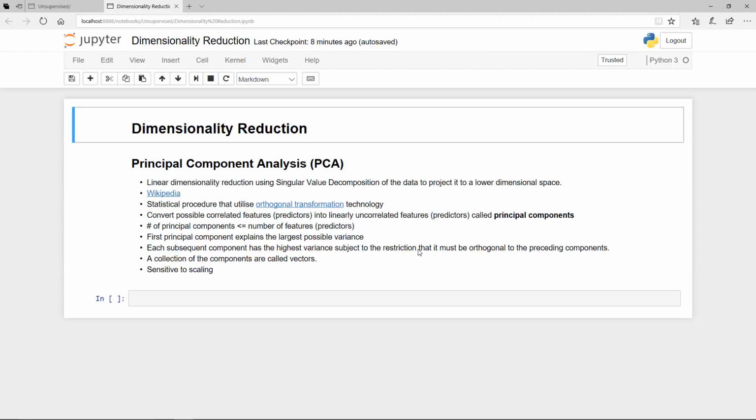So it means independent, or when you use a statistical measure such as the correlation coefficient, it basically means zero. Okay, I hope you got that. I'll try my best, and that's really the basic idea of how PCA works. The collection of all these components are called vectors, but there's one thing about PCA that you need to bear in mind if you're going to use it, is that it is very sensitive to scaling.